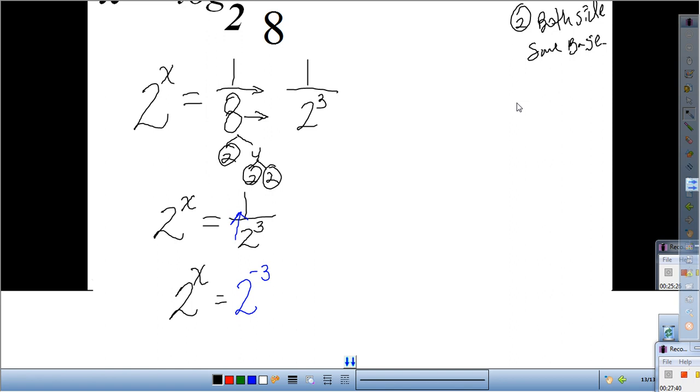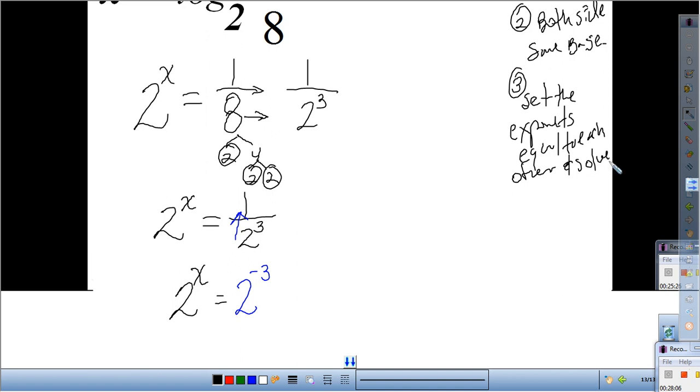Now, do we have both sides to the same base? Yes. And step 3, last step. Set the exponents equal to each other and solve. All right, so that means we focus where?